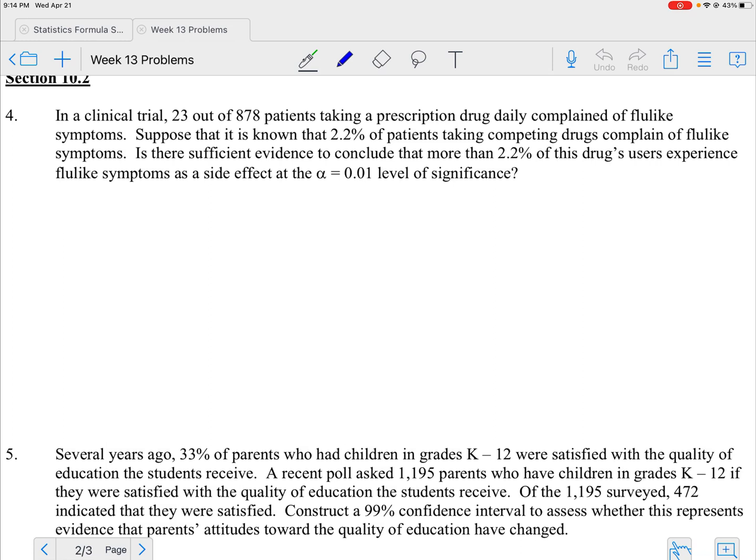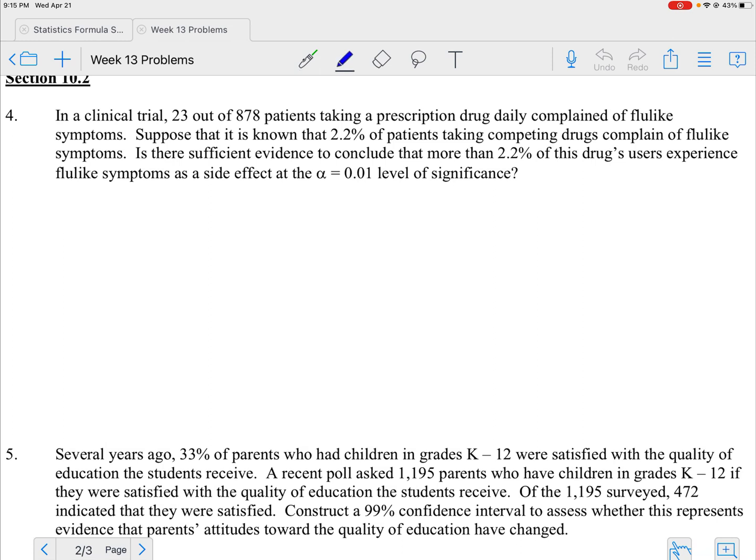If you want to use StatCrunch to come up with these values, do it, right? There are videos embedded in your notes, and go through those, watch how to do StatCrunch. I'm going to do this with the formulas just so that you have the background way to do it, but you don't have to do that. If you want to use StatCrunch, then by all means, please go use StatCrunch.